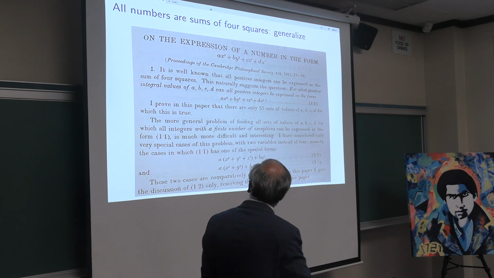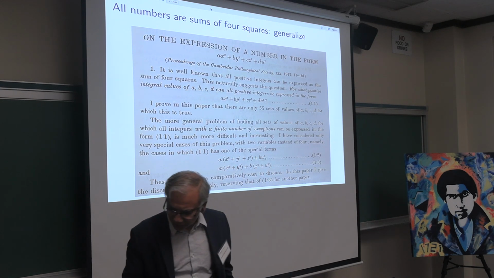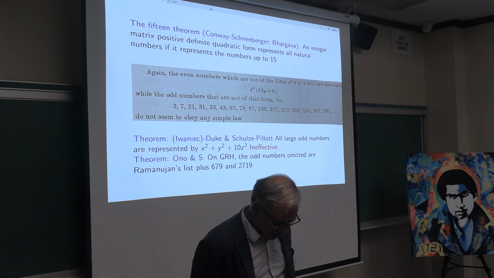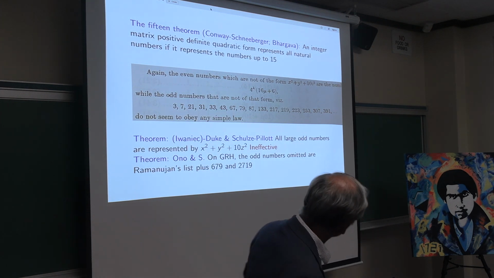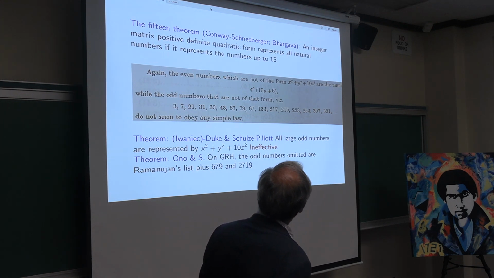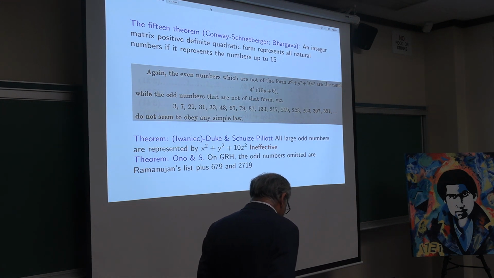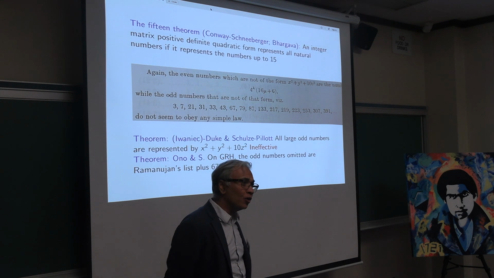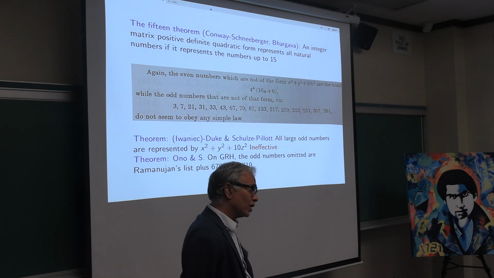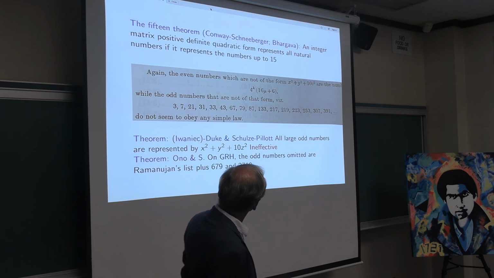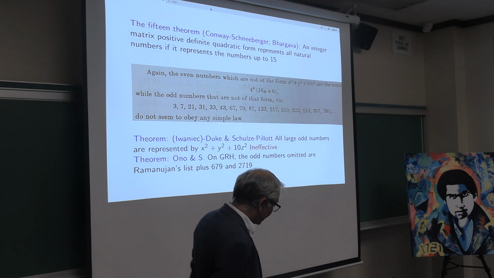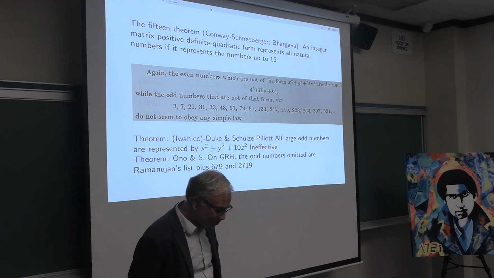But the reason why I bring up this particular paper is that it has a relevance to some work that I did and also to some work which is very beautiful work done by Manjul Bhargava. So there's a beautiful generalization of Ramanujan's work, a theorem which was first discovered by Conway and Schneeberger, and then a beautiful proof was given by Manjul.